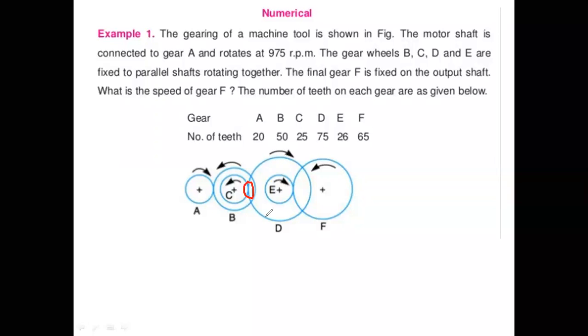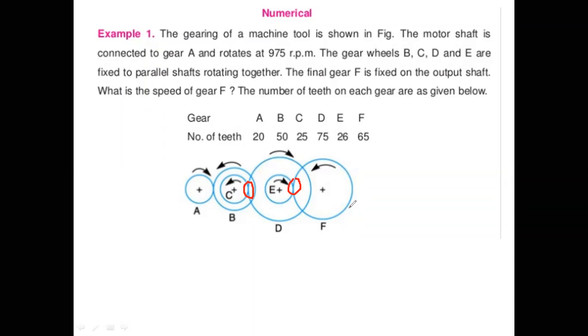Gear D and gear E are mounted on the same shaft. Therefore, the rotation of gear E is the same as that of gear D. That is, gear E will rotate in a clockwise direction. And gear E is meshing with gear F. Therefore, the motion of gear F is in an anti-clockwise direction.